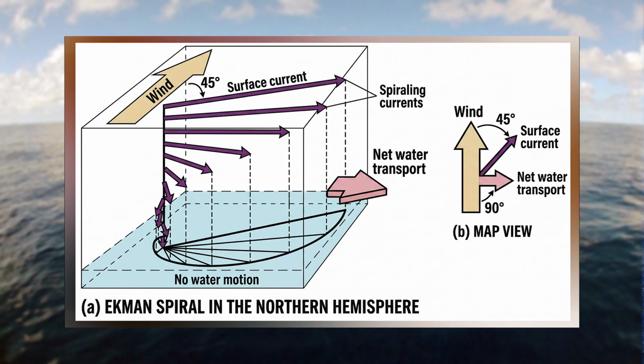Through this frictional drag, this top layer sets the underlying layer in motion, which moves slower and is deflected even further to the right. This process continues downward with each deeper layer moving slower and turning further right, creating a spiral shape.